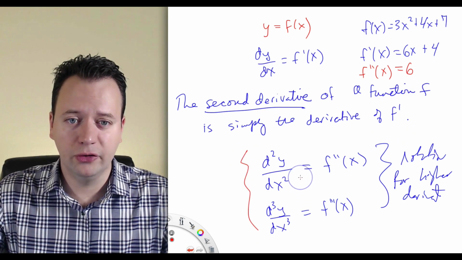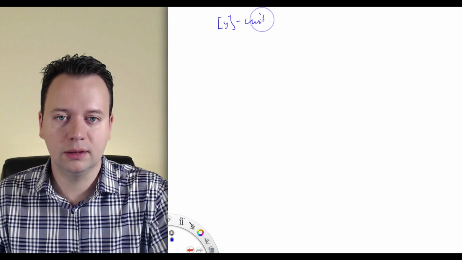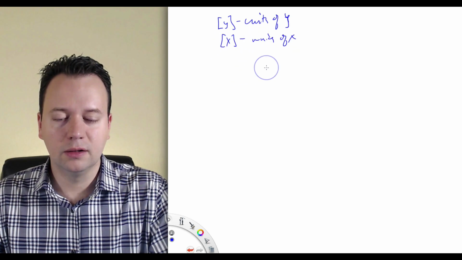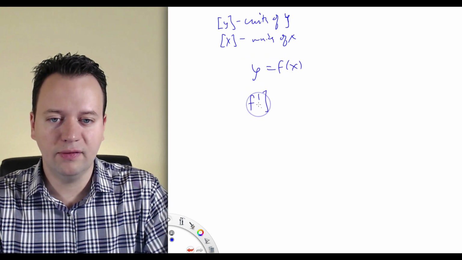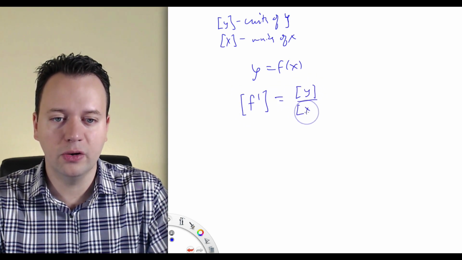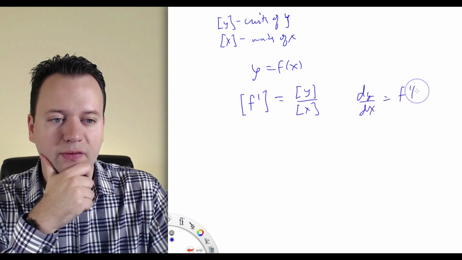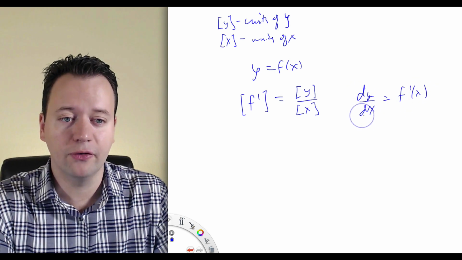So let's look at the units of the second derivative. We have y is equal to f of x. We said that the units of f prime, or the units of the derivative, are simply the units of y divided by the units of x, because it's a change of y over a change of x.